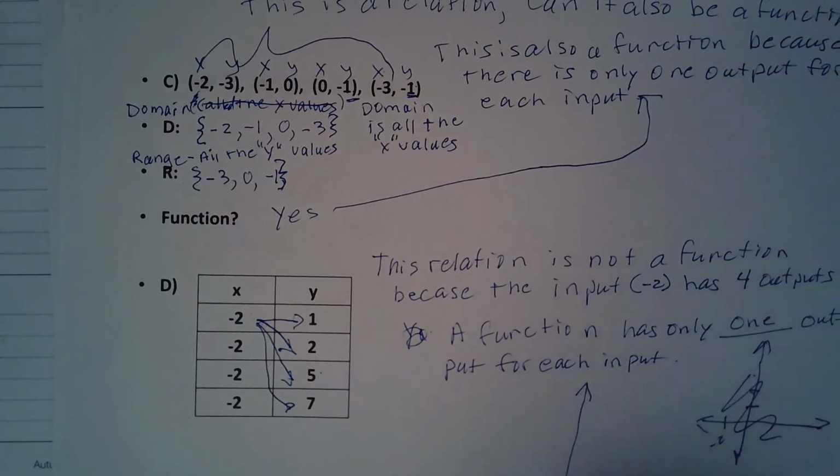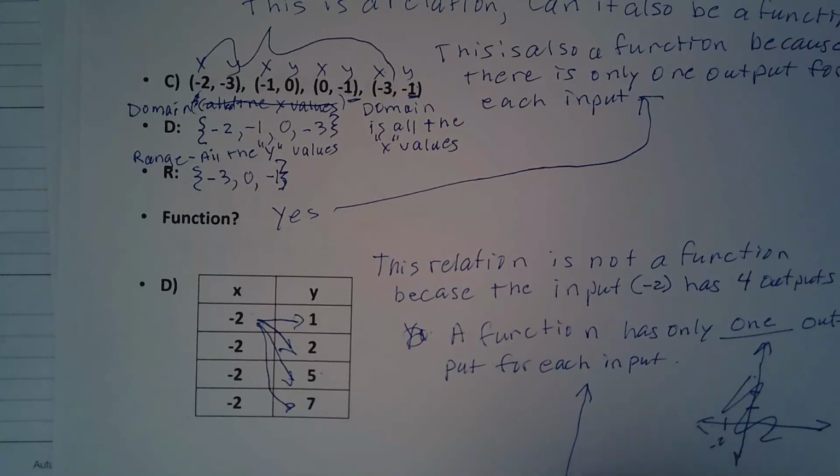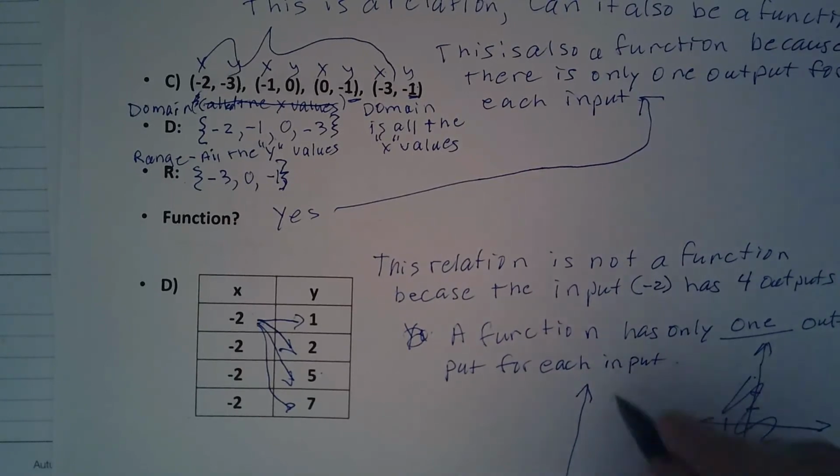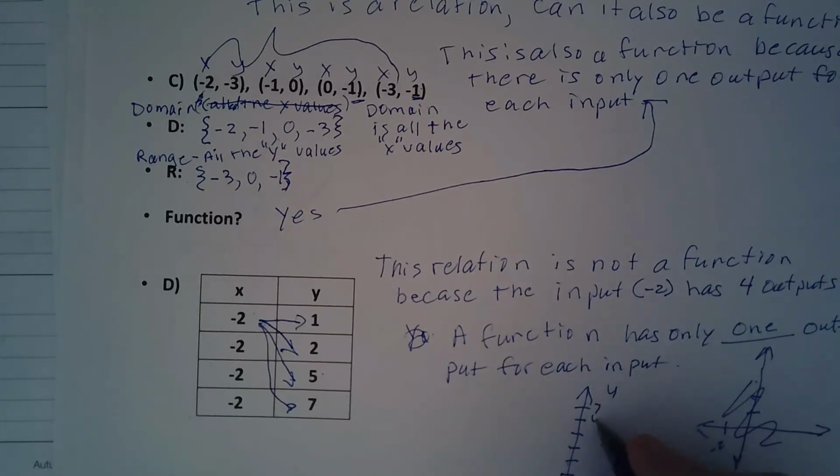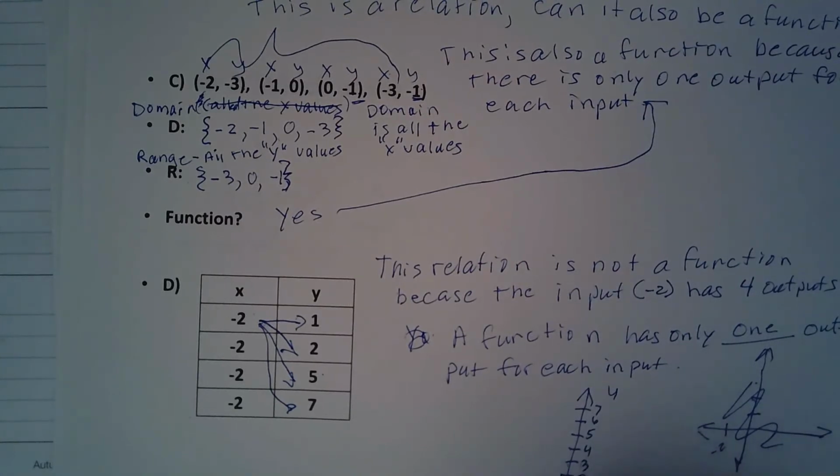Do it down here. Okay, so here's -2, x is -2, and this is y, and then I go up to 7. So 1, 2, 3, 4, 5, 6, 7. 7, 6, 5, 4, 3, 2, 1, and this is 0.